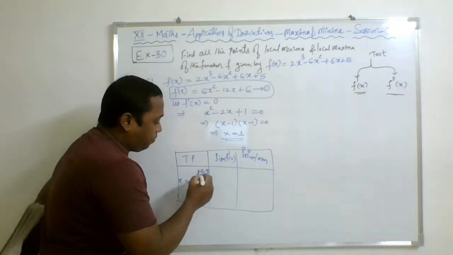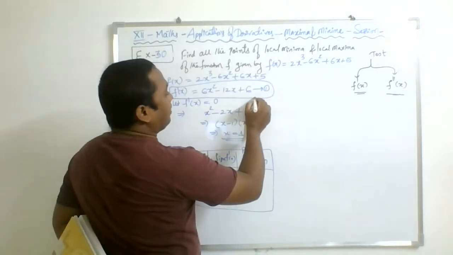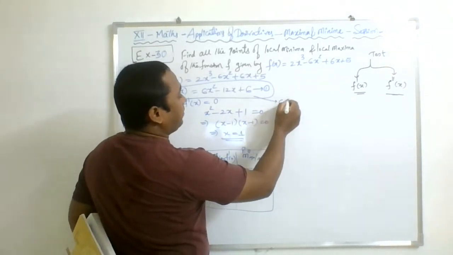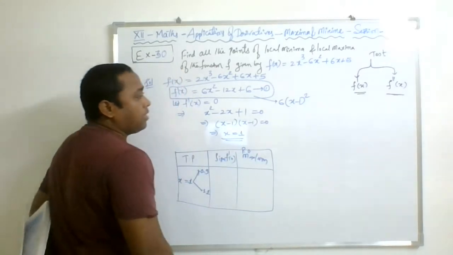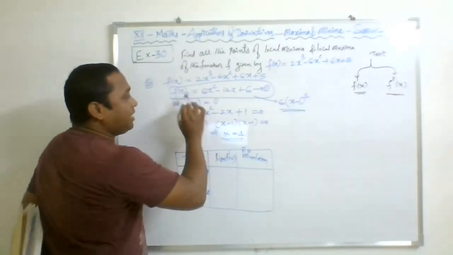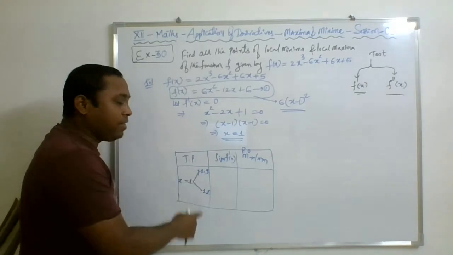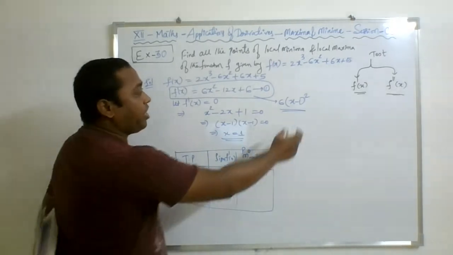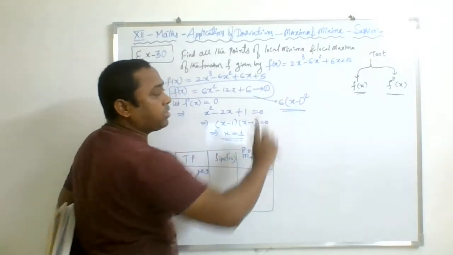If you take 6 common, the derivative reduces to 6(x - 1)^2. Since it is a perfect whole square, whatever value you substitute, it definitely converts into positive.